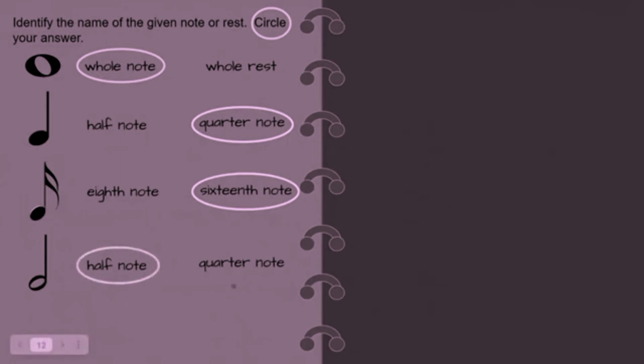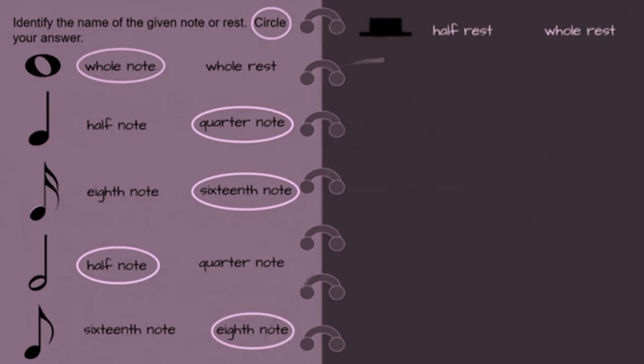Correct. It's half note. For this one, it has only 1 flag or 1 beam only, 16th note or 8th note? Correct. It's 8th note. Okay. Here, this one, it's facing upward, half rest or whole rest?